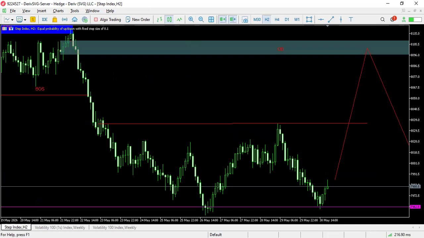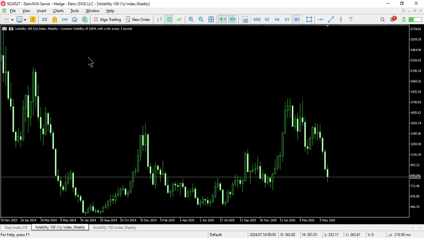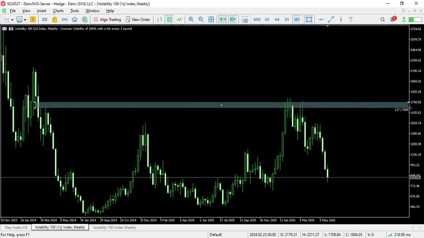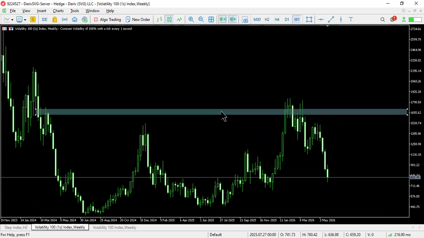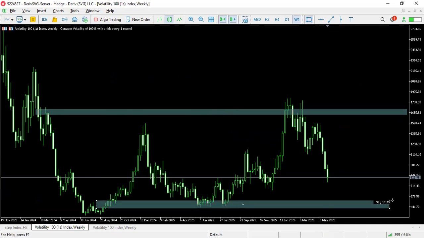So heading over to Volatility 101S, marking our key levels. We have this supply where price has been trading. And then down here, we have this demand level.